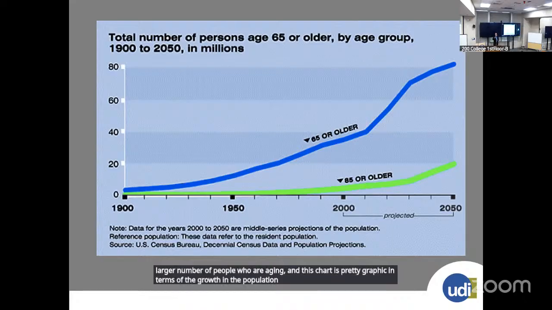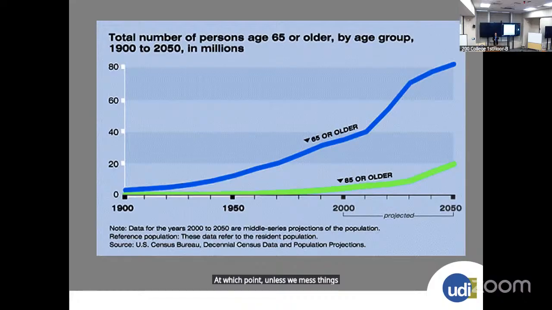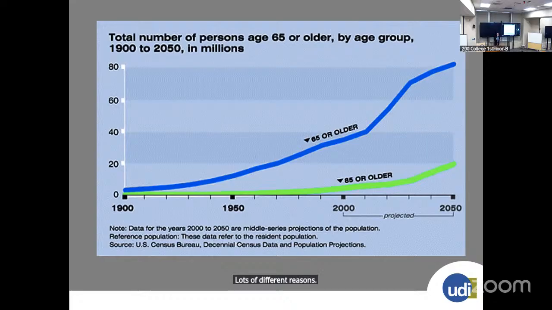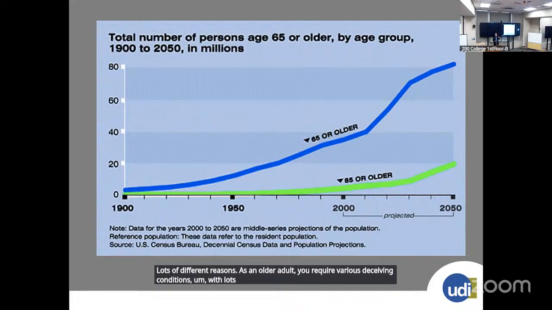We won't see this even level off until the middle of the century and beyond, at which point, unless we mess things up very badly, that's going to stay constant. We're going to have this large number of older folks with us. And we know that for lots of different reasons, as an older adult, you acquire various disabling conditions. But this is a huge demographic which we're now responding to.